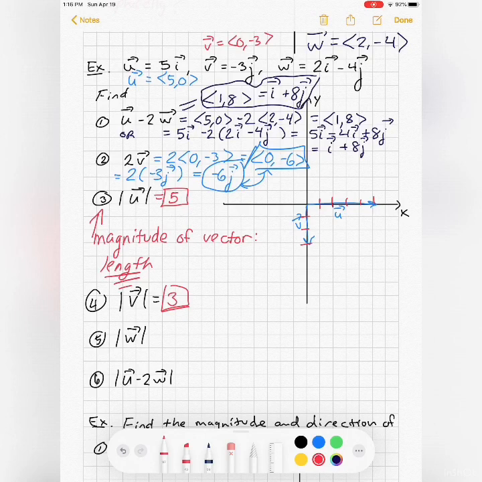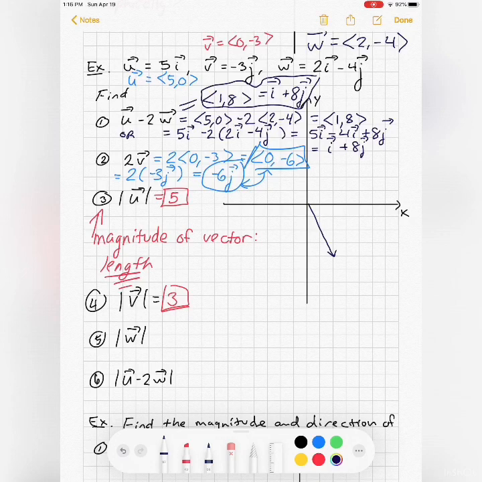W is slightly more interesting. So let's see, where is W? Okay, W says go right 2 and down 4.